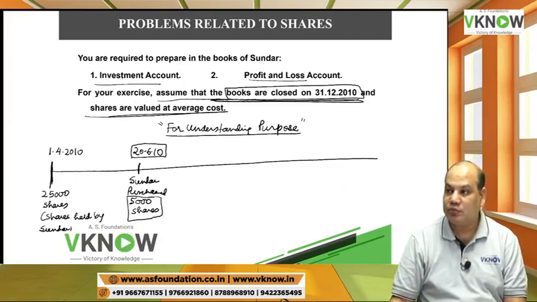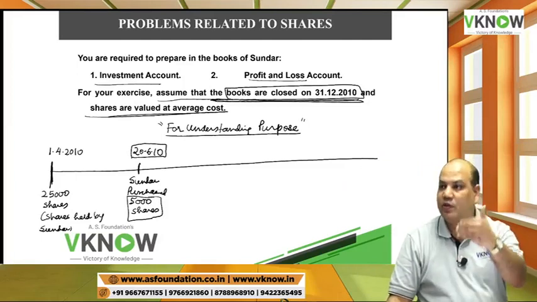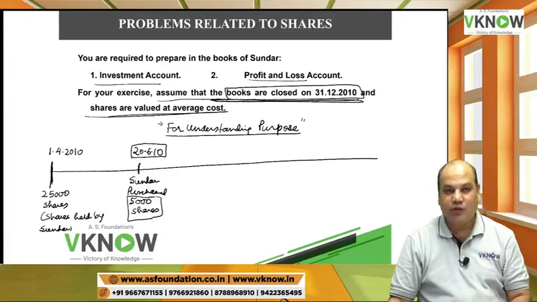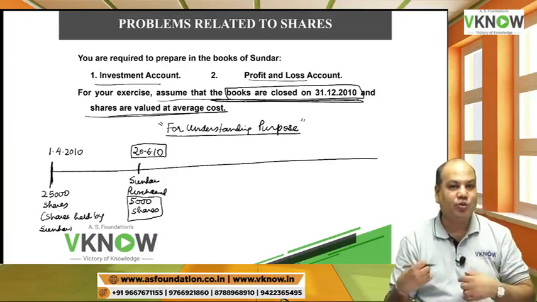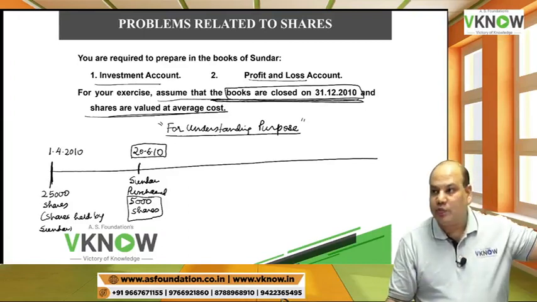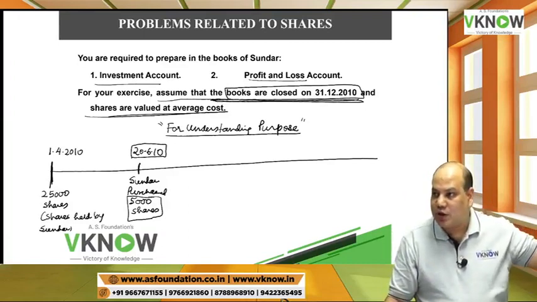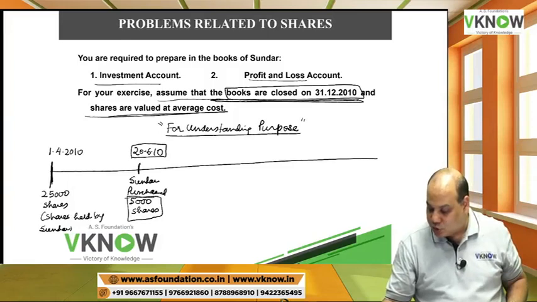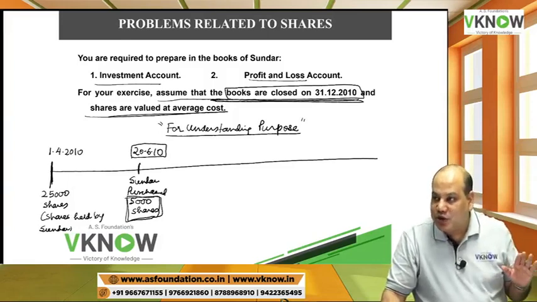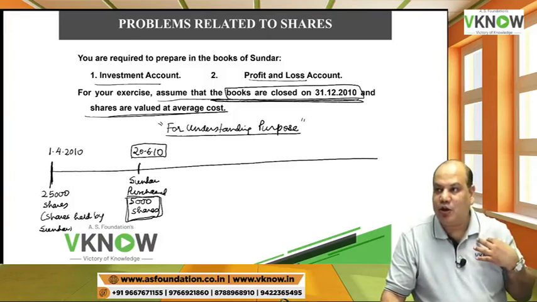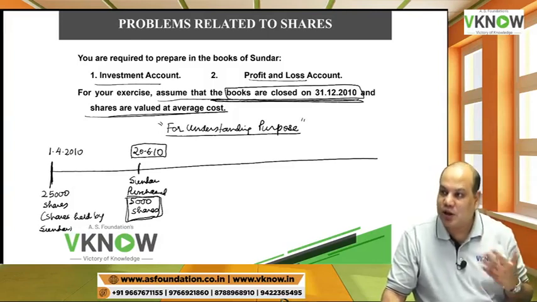Say yes or no. It was held by some other investor. Let us say the other investor is Kunal. So Sundar purchased from Kunal, but in the books of the company, these 5,000 shares are there. This is not share issued by the company. This is the share purchased by one shareholder from another shareholder.